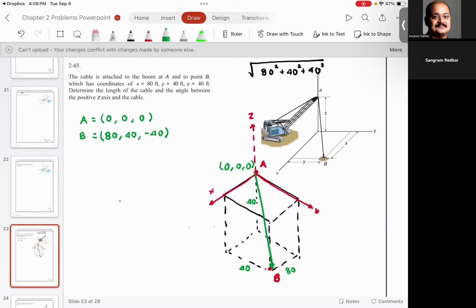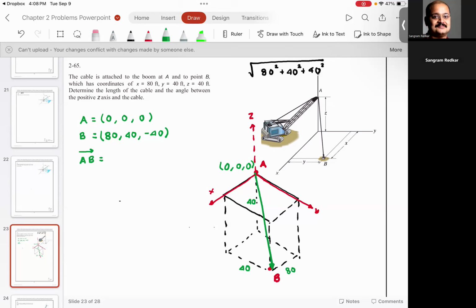Now I want to construct the vector AB. If I want to construct the vector AB, it's extremely important, I want you to understand this.